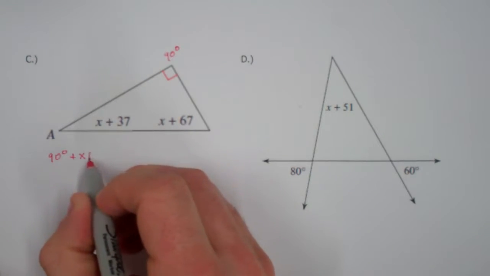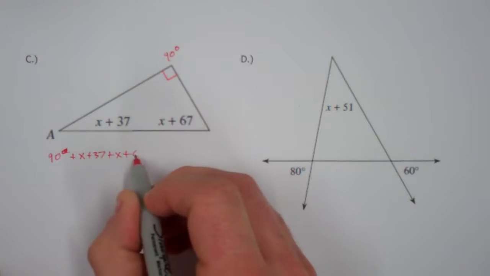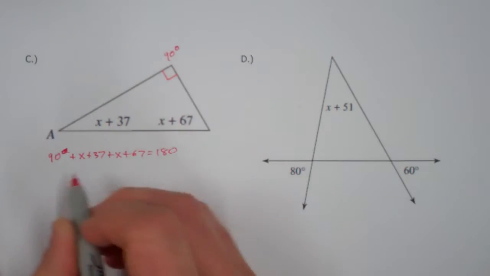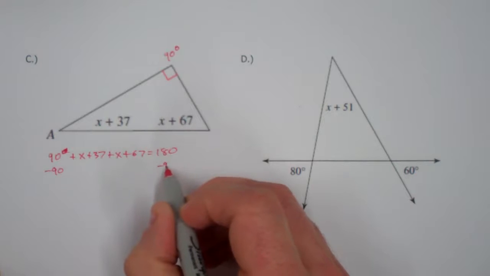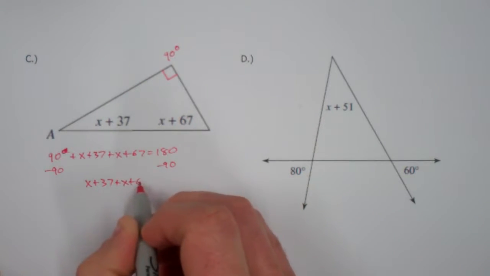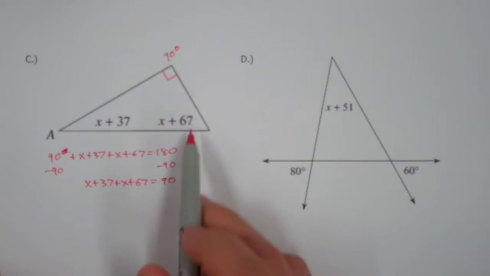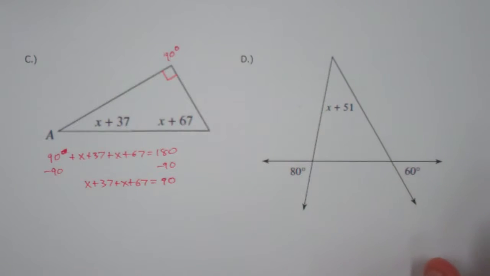So we've got x plus 37, we don't need the degree symbol here, plus x plus 67 is equal to 180. And you could subtract 90, and x plus 37 plus x plus 67 would be 90. Okay, so there's your complementary rule here. Just wanted to show you that. There's lots of different ways that you can solve for x here.